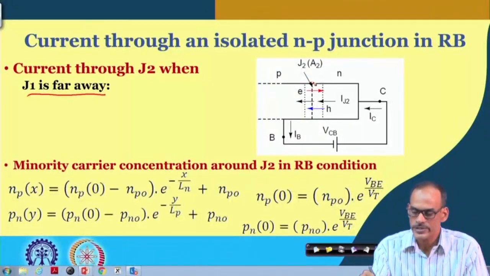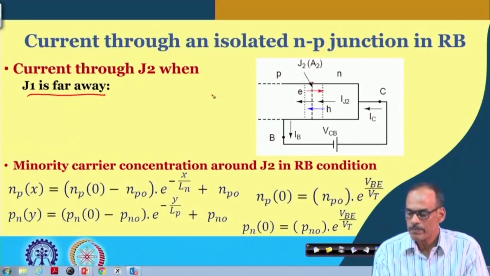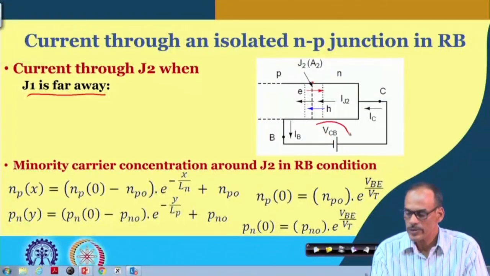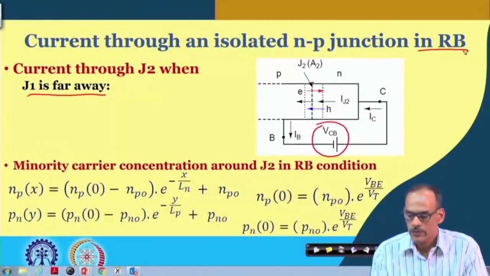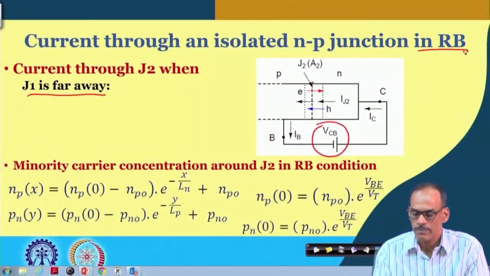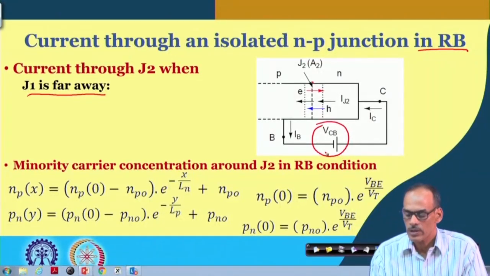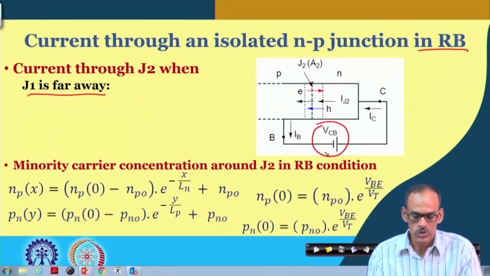Now we are concentrating on J 2, and J 1 may be somewhere here. So, this J 2 junction is now reverse biased. Under reverse bias condition, it will be interesting to see that the previous expression is valid for this reverse bias condition also.